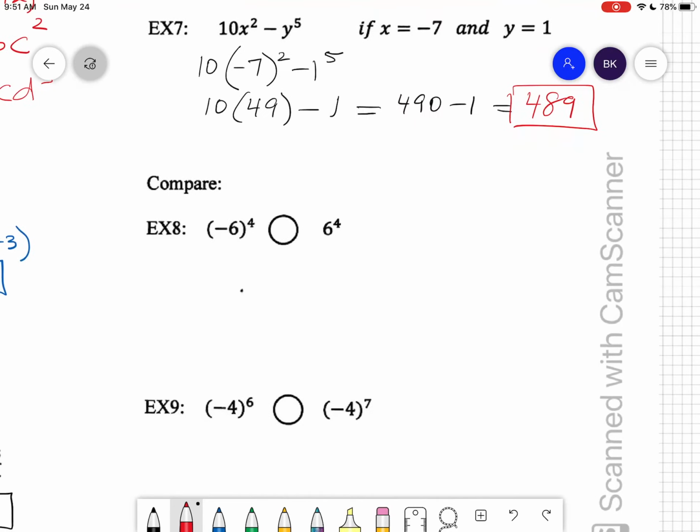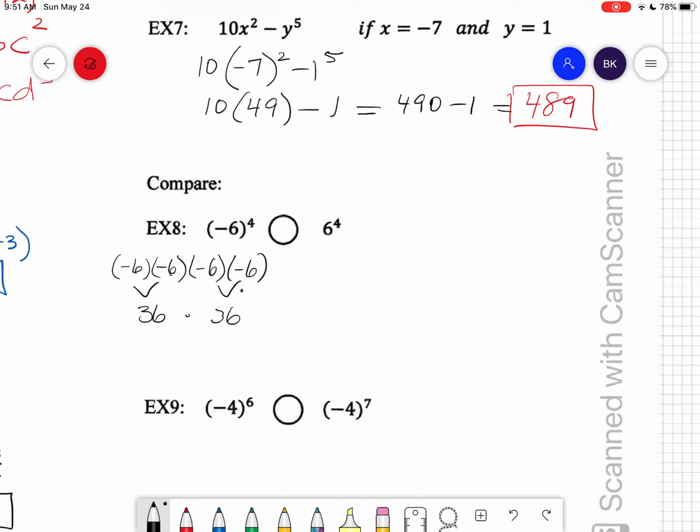Finally, moving on to the last set of questions, I'm asking you to compare the two. So really quickly, negative 6 to the 4th is the same as negative 6 times itself 4 times. Negative 6 times negative 6 is positive 36.